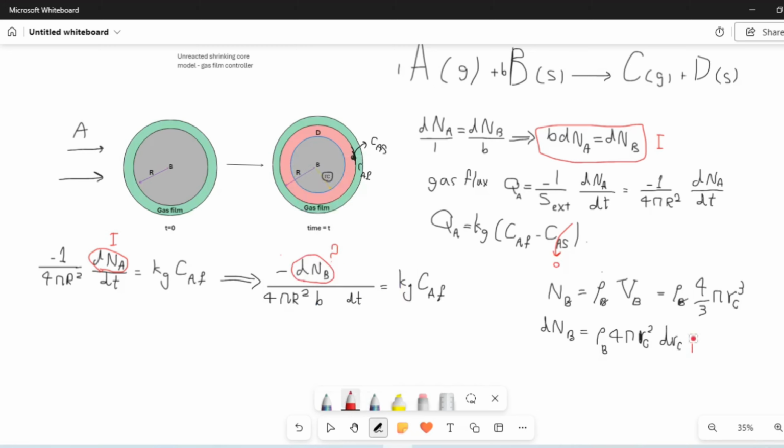We highlight it as equation 2 and use it here.